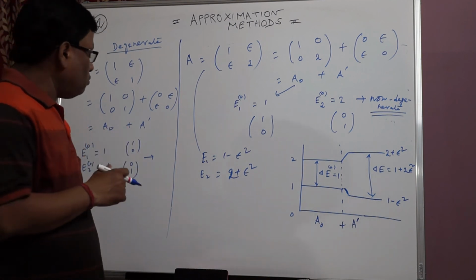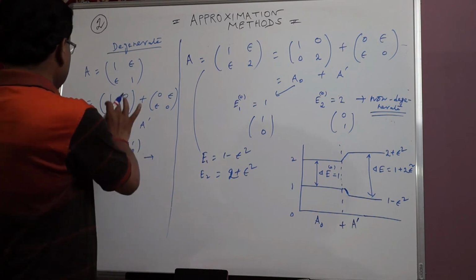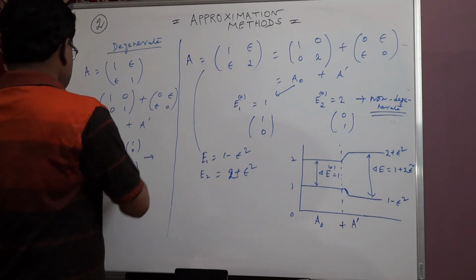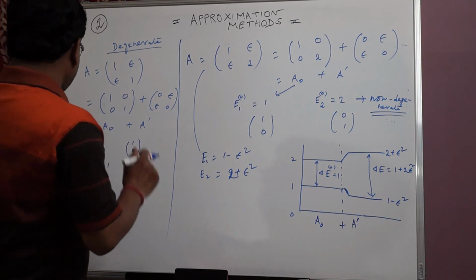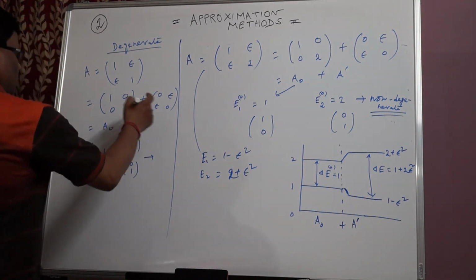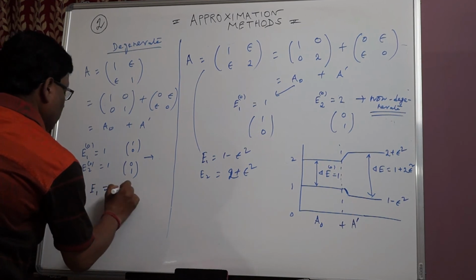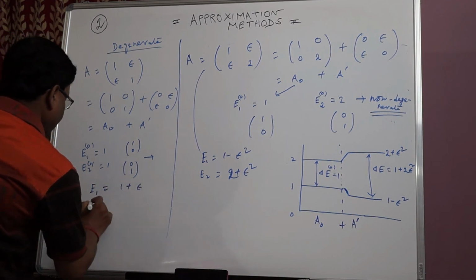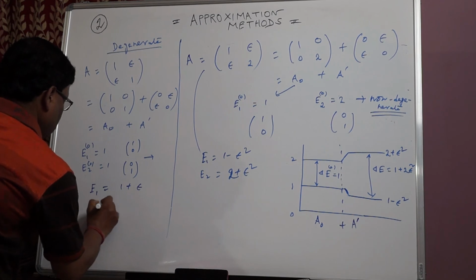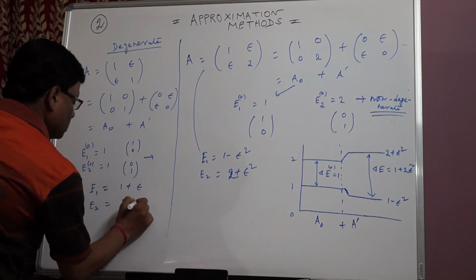Now we apply perturbation to these eigenvalues. With the perturbation matrix, E1 becomes 1 plus epsilon and E2 becomes 1 minus epsilon.